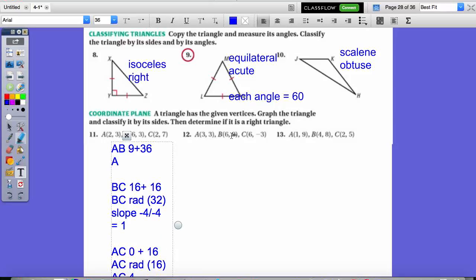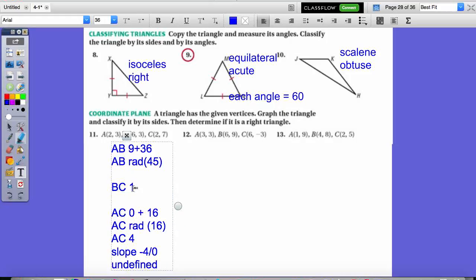So AB, and remember everything should have a square root sign, is radical 9 plus 36, so that's radical 45. Once again, it doesn't matter what radical 45 is, we want to see if anything is equal here.